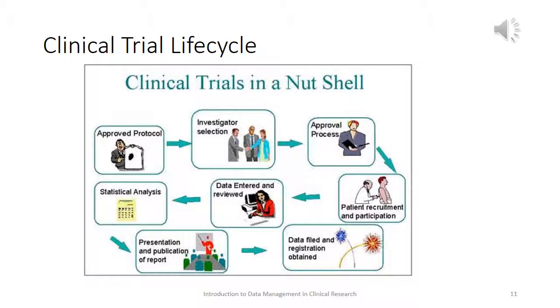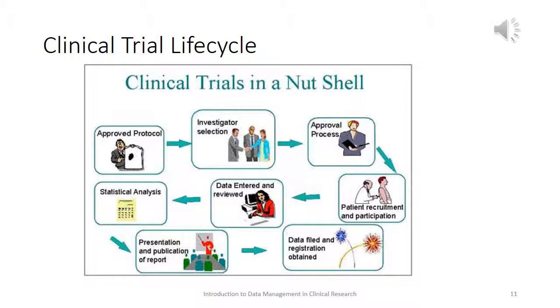These documents can be anywhere from 100 to maybe 200 pages, usually around that range. They explain all of the assessments that are going to be done, all the visits that are going to occur, how the patients are going to be selected, the inclusion-exclusion criteria. Anything that's going to take place in that trial is going to be discussed in that protocol.